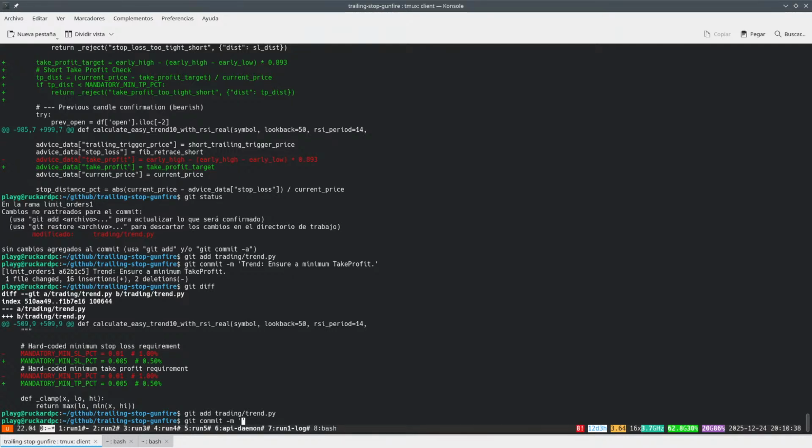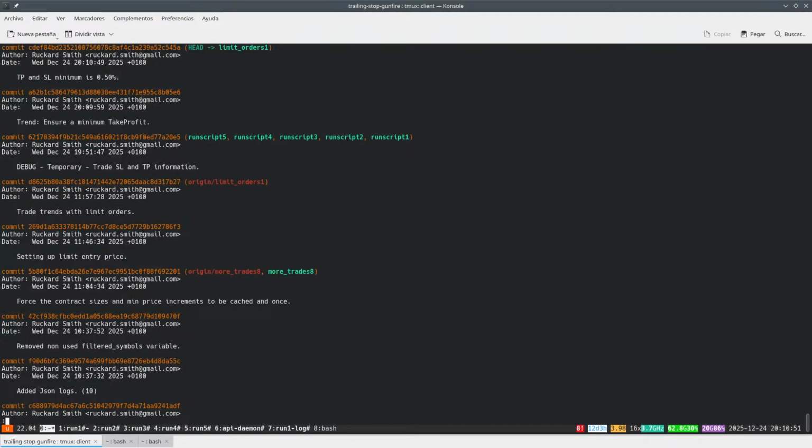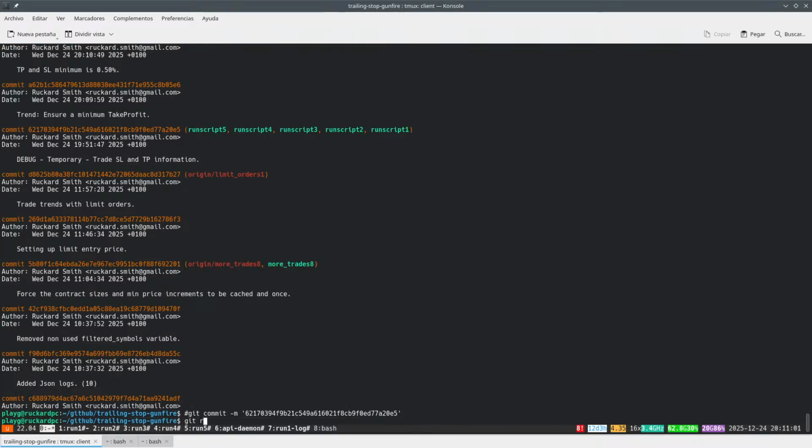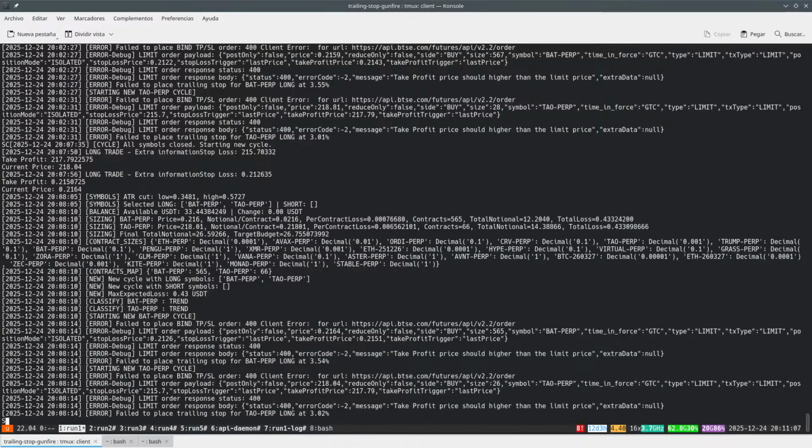So this should be TP and SL minimum is 0.15, and hopefully now we can revert this commit here that shows the information. Sorry, this is not right. Hopefully it likes this thing. Yes, it does. So here we still have these errors regarding this and that.